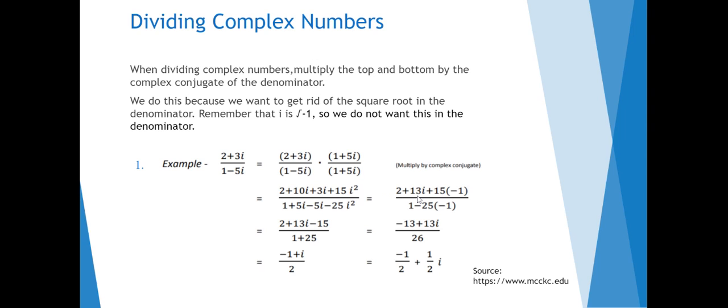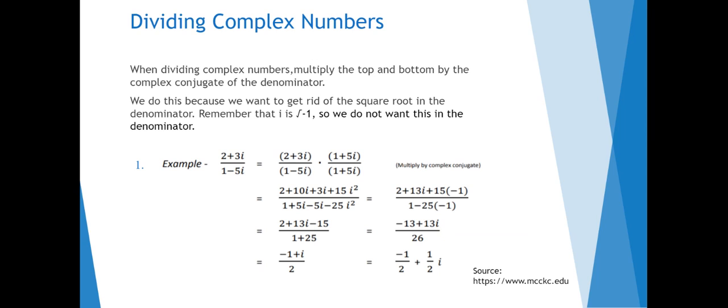That can be simplified to 2 plus 13i plus 15 times negative 1 over 1 minus 25 times negative 1, because again, i squared is negative 1. Now that becomes 2 plus 13i minus 15 over 1 plus 25, which becomes negative 13 plus 13i over 26.